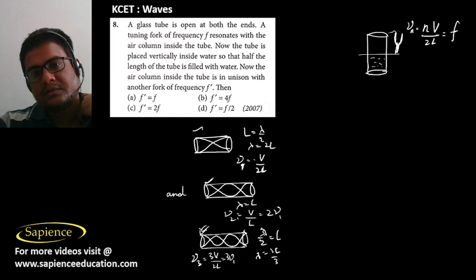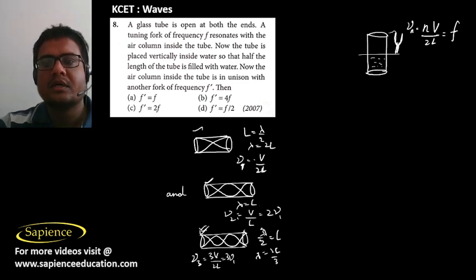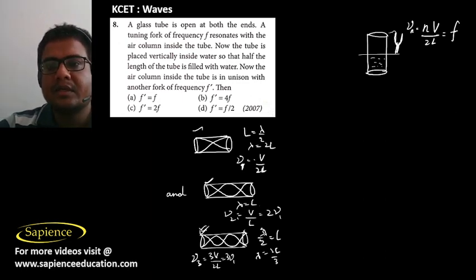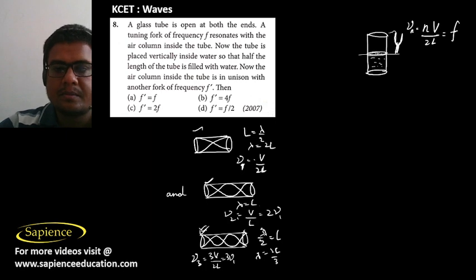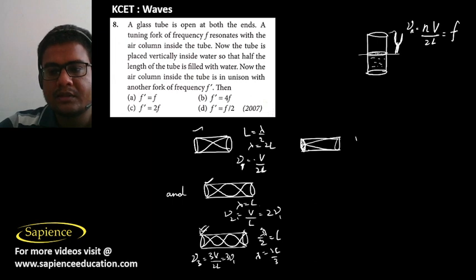It means that here half of the length is filled, so when water is filled, one of the ends is closed. Now you know that when we have a closed end organ pipe, the first harmonic is like this, lambda by 4 equal to L. Then we can say lambda equal to 4L.